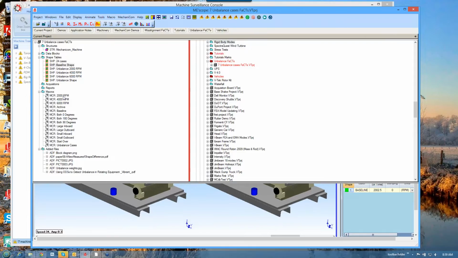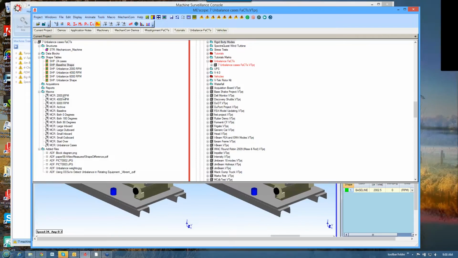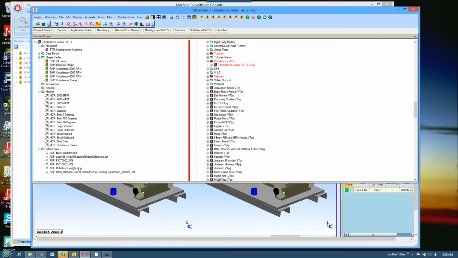So we use this in a monitoring environment, or in this case we're simply going to select different cases of unbalance, and in the next project we're going to select cases of misalignment, and then we're going to compare the ODS data for a balanced machine, unbalanced, and an aligned machine, and a misaligned machine. So that's the idea here.